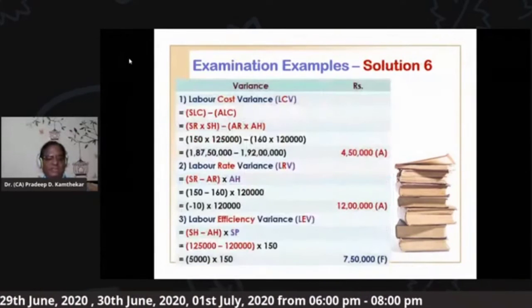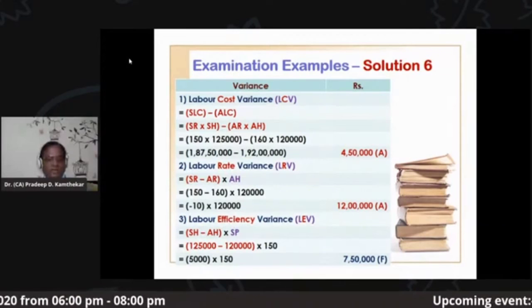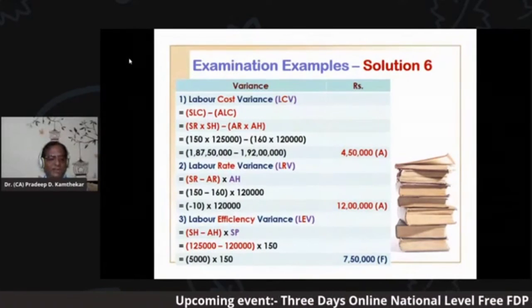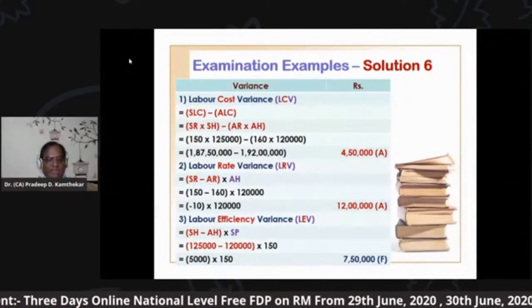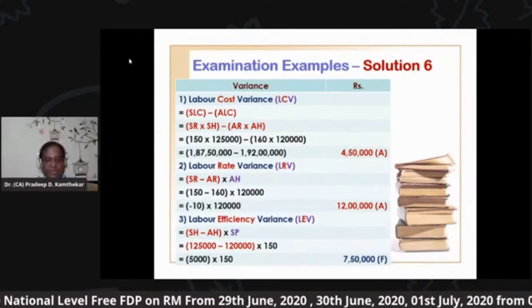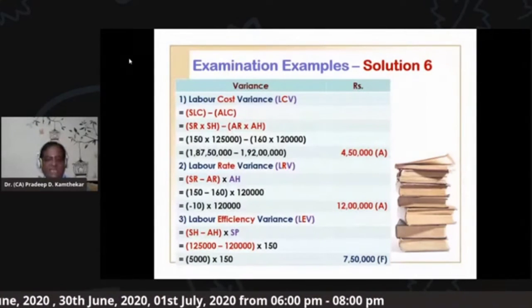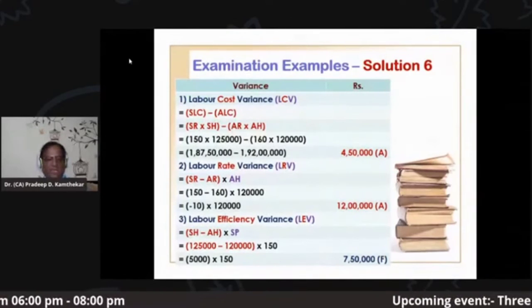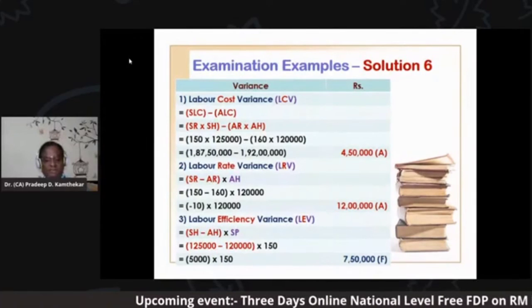So labor cost variance, standard labor cost, that is standard rate into standard hours, 150 into 1,25,000, that is 1 crore 87 lakh 50,000, minus actual labor cost, that is actual rate into actual hours, 160 into 1,20,000, that is 1 crore 92 lakhs. The difference is negative, that means the variance is adverse. So we say here labor cost variance is 4,50,000 adverse.